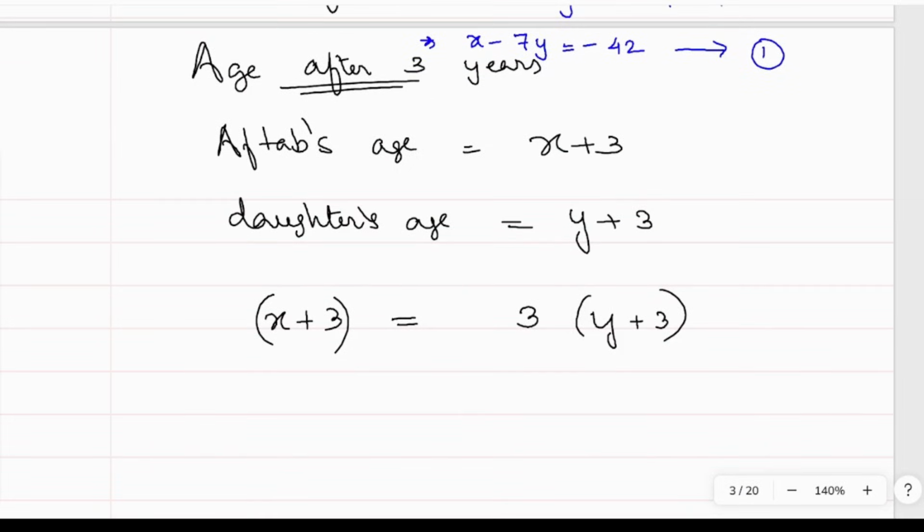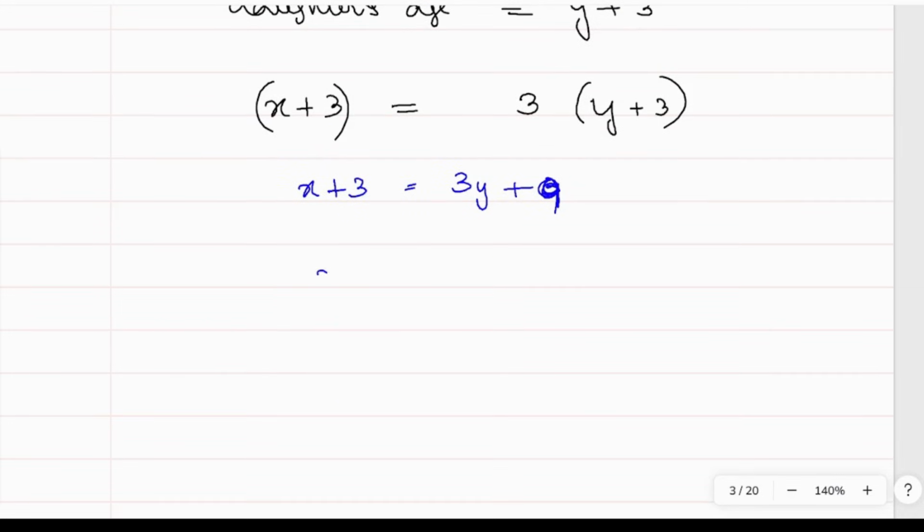Now I have to solve this one. x plus 3 equal to 3y plus 3 threes are 9. So x minus 3y equal to 9 minus 3, which is equal to 6. x minus 3y equal to 6. This is the second equation that I am getting here.